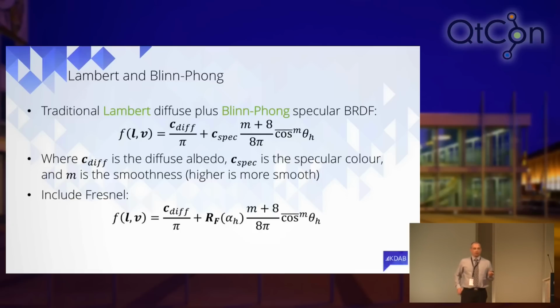So rather than a user coming along and picking a C spec value almost at random that might be non-physical, we're going to use this R_F value, the Fresnel reflectance. And now notice it's the reflectance value according to the half angle h, because we have to consider our microfacets, not the surface normal n.